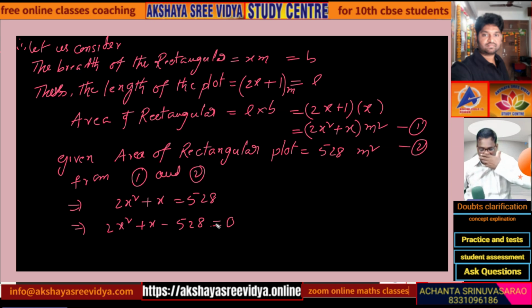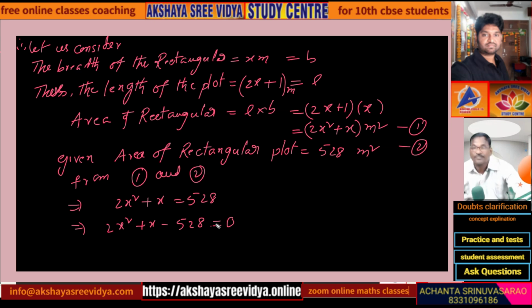This is the quadratic equation. Therefore, the length and breadth of the plot satisfy the quadratic equation 2x square plus x minus 528 is equal to 0, which is the required representation of the problem mathematically.